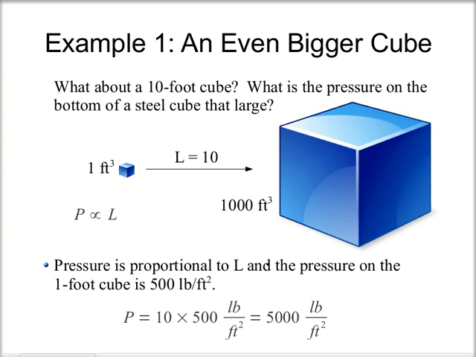I know that the small cube has a pressure of 500 pounds per square foot, and I know that pressure scales proportionally to L. So the pressure of the big cube is going to be L times the pressure of the small cube. So 10 times 500 pounds per square foot, which is equal to 5,000 pounds per square foot.